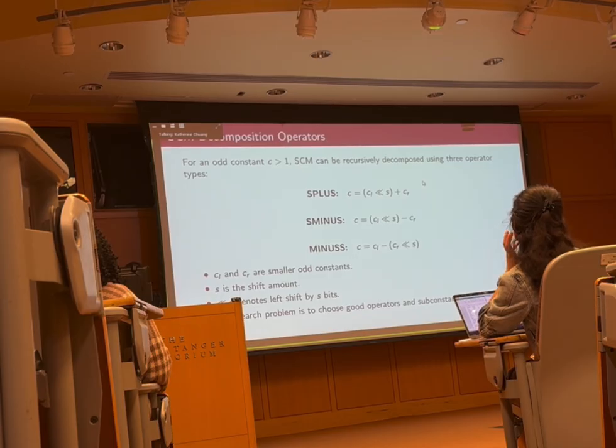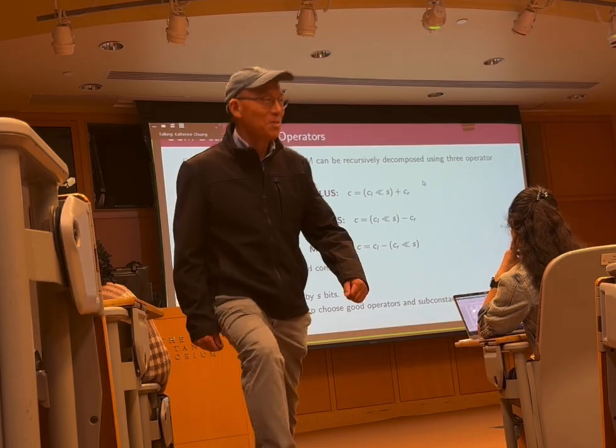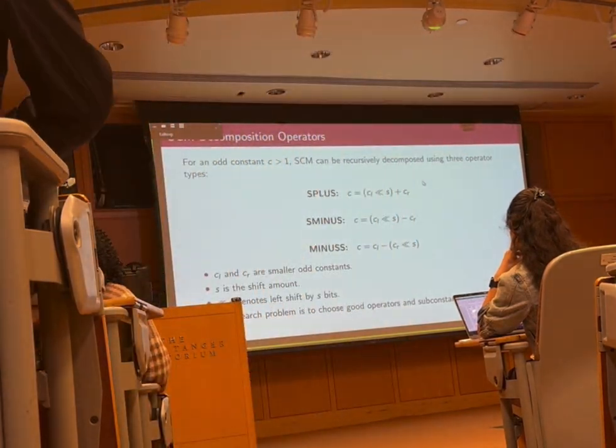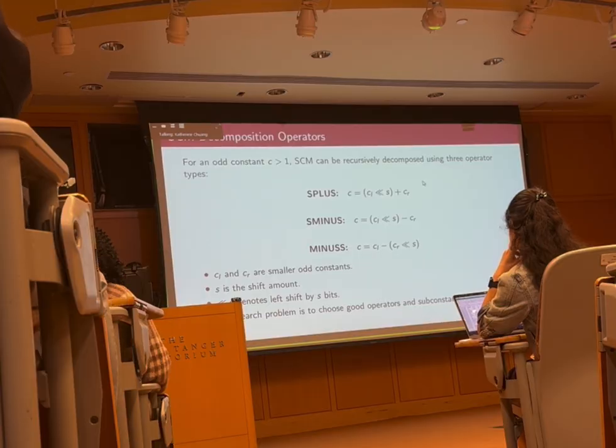The second is S minus, the difference, which no longer makes additions; rather we use subtractions. And the third one is minus shift, where we don't shift the left side while we shift the right-hand side. So those are the three operations we have.